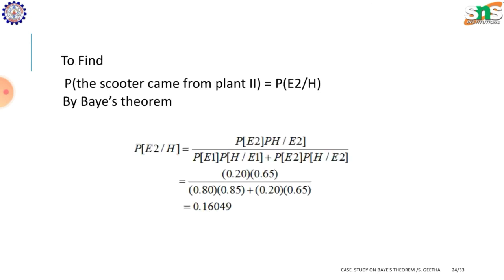Next, we have to find P of the scooter came from plant 2, that is equal to P of E2 given H, by Bayes theorem.